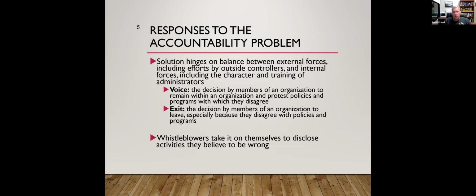So we had a very important piece of legislation in 1989 called the Whistleblower Protection Act. And the Whistleblower Protection Act provided some strategies and some mechanisms by which whistleblowers could bring to light ethical violations that are going on within their organizations.